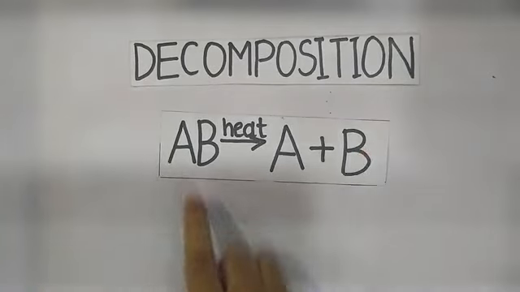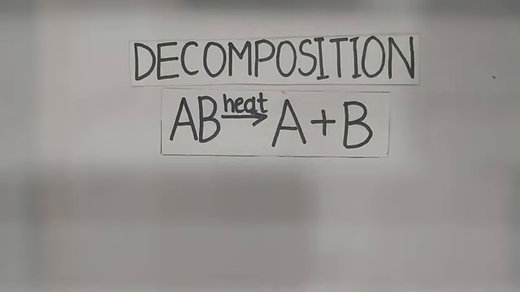Now let us talk about the next type of reaction, which is the decomposition reaction. By the name itself, we can understand that something is breaking down to give us simpler products. So here we have AB, which is heated to give us the products A and B. This is the opposite of a combination reaction.